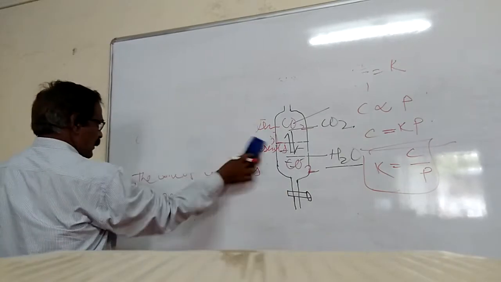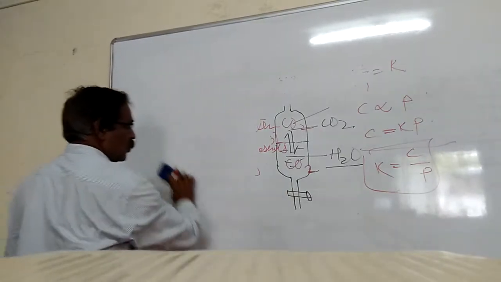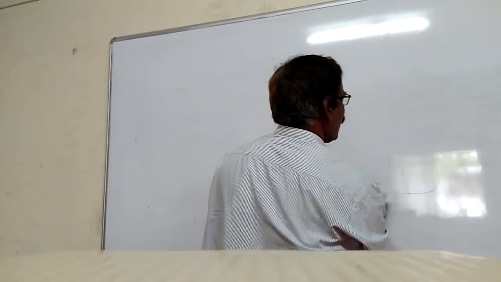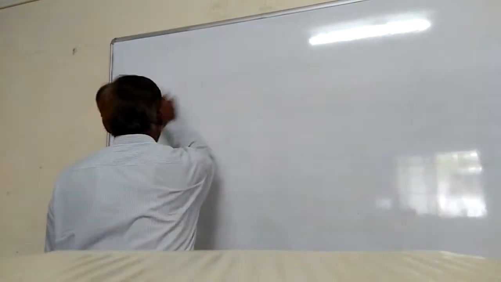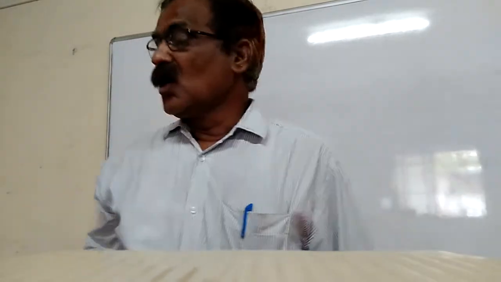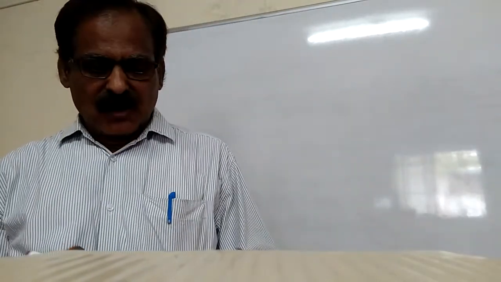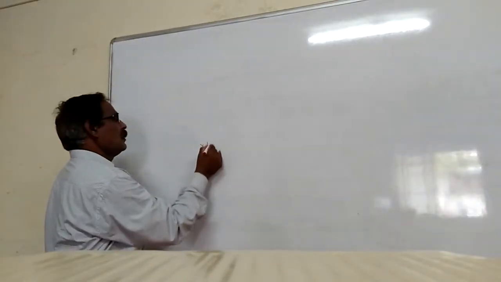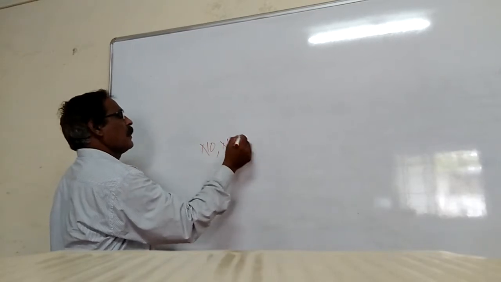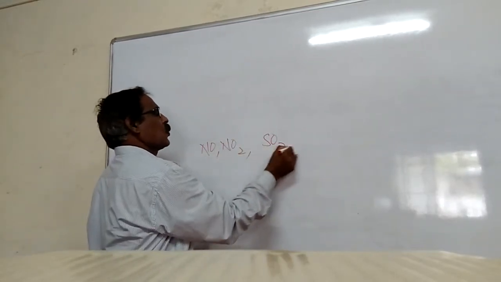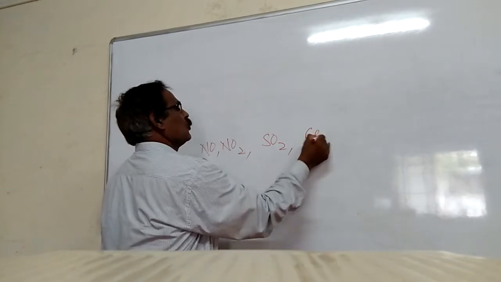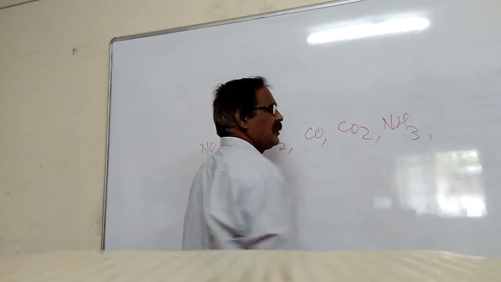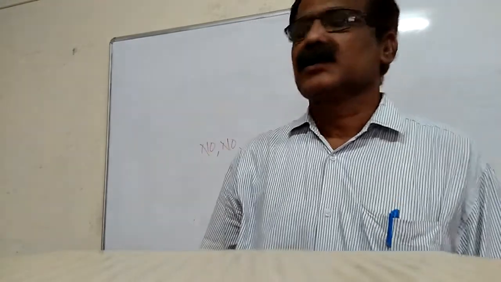So with this, I hope you have understood what Henry's law is. In general, we can apply Henry's law to distribution of any gas like NO, NO2, SO2, CO, CO2, NH3, and so on and so forth.